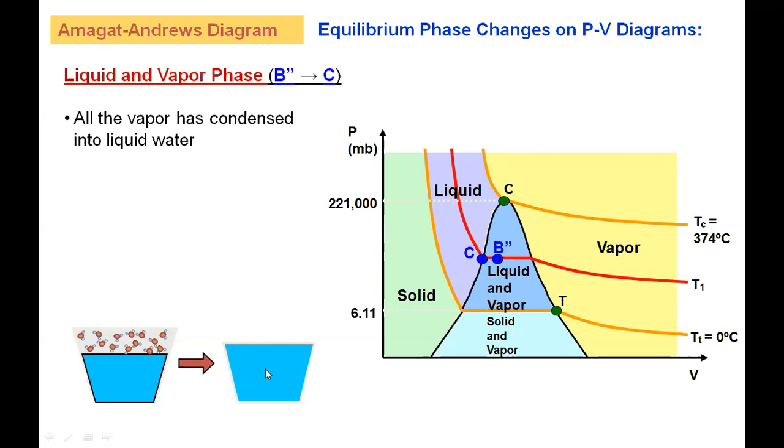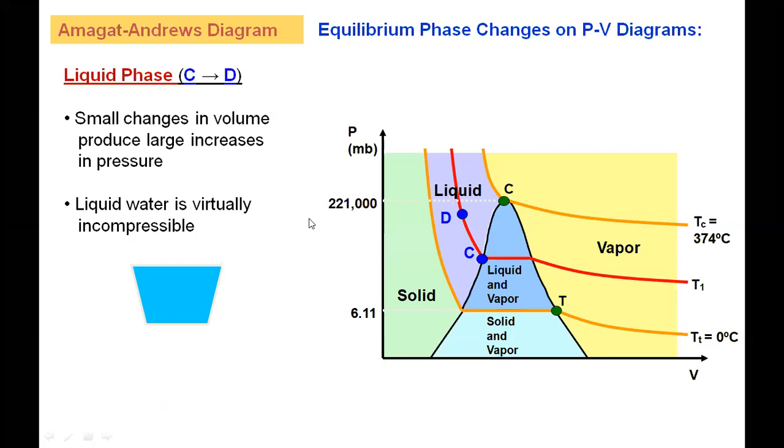Now all of it goes to liquid water. Okay, another case, we go from the point C to point D. What happens? Now, if you look, we have a small change in volume and an increase in pressure. So liquid water is virtually incompressible.